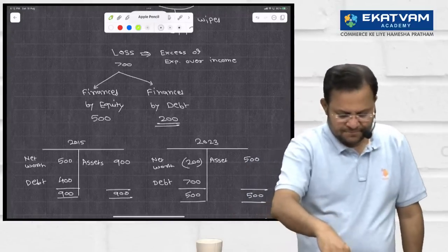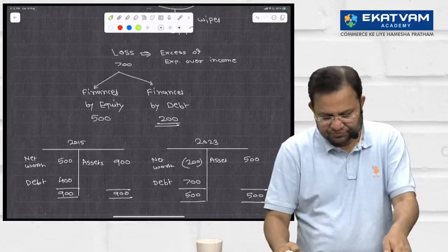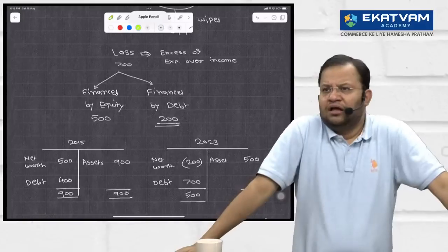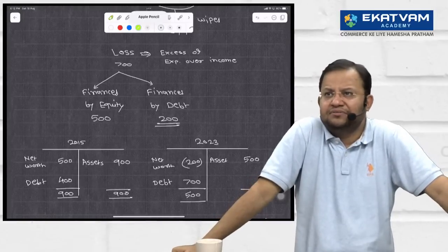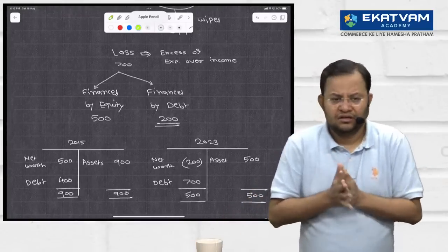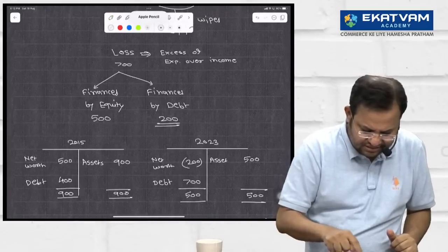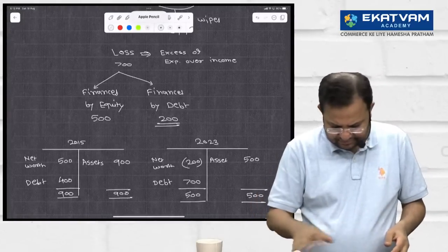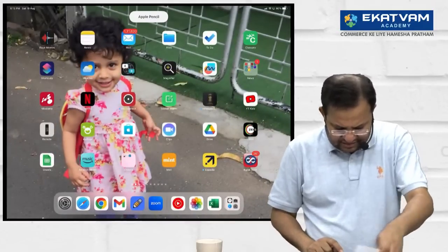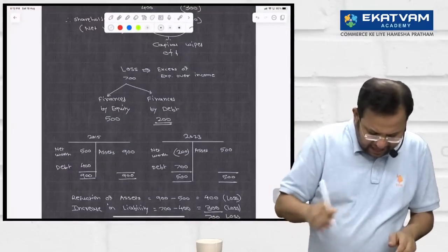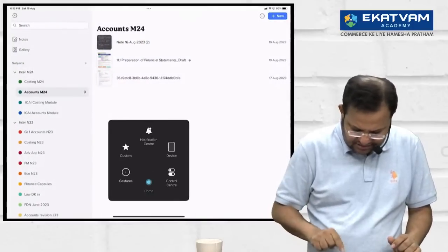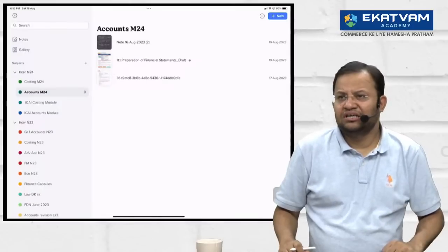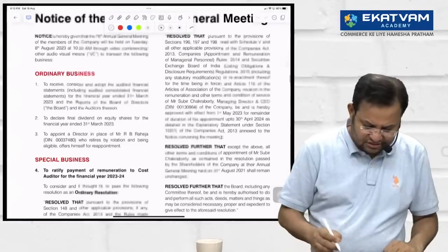You're reading. Top of the page. If losses exceed amount of equity capital, then lenders, or debt holders, have to bear losses.